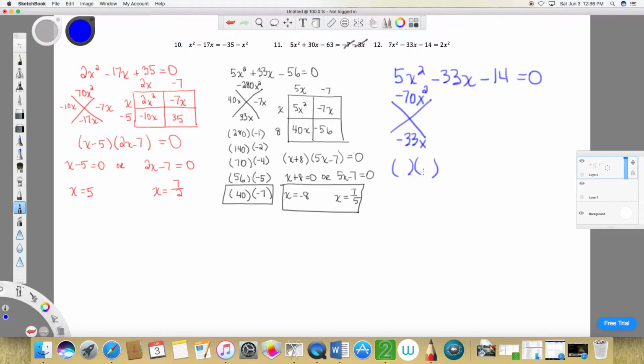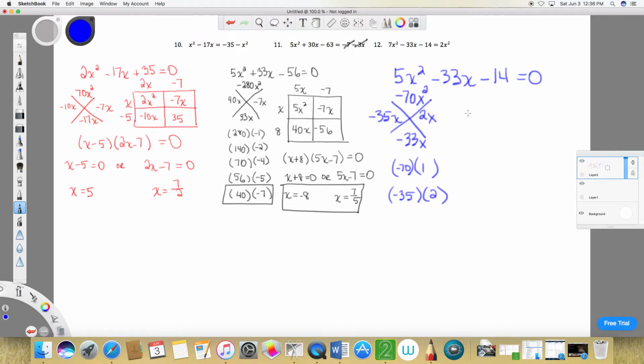So the larger one in magnitude is going to be negative. So if I try, well, here I found it pretty quickly. Negative 35 times positive 2 is negative 70, but when you add these together, you get negative 33. So we've got negative 35x and 2x.